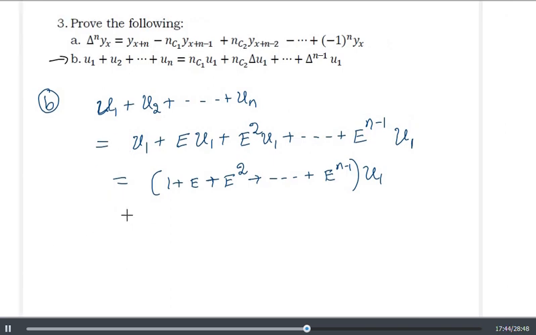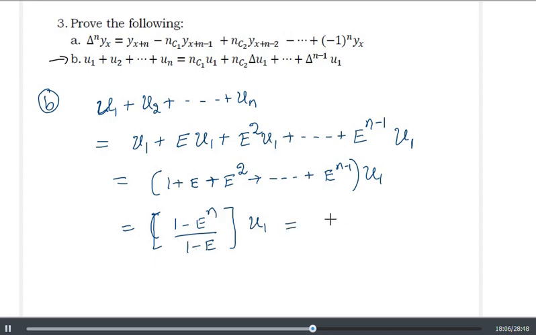Okay, let's see what we can do here. Let me express this as 1 minus e power n by 1 minus e. Do you agree with that? This acting on u1.